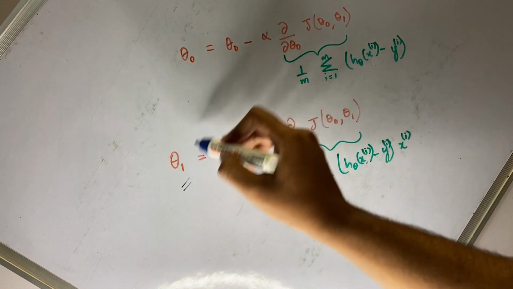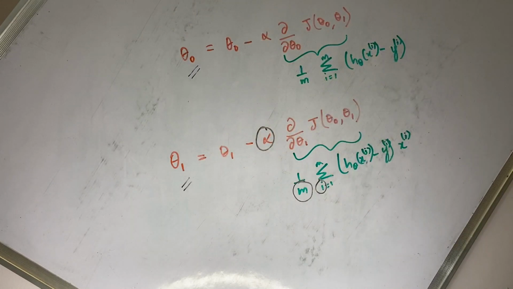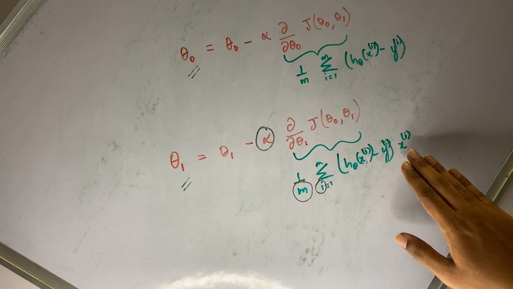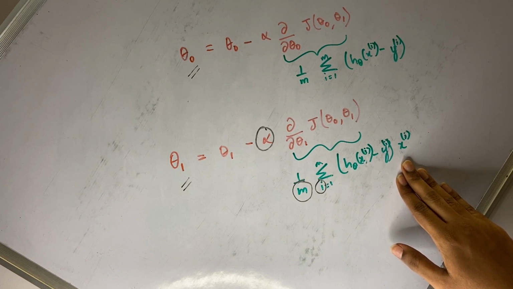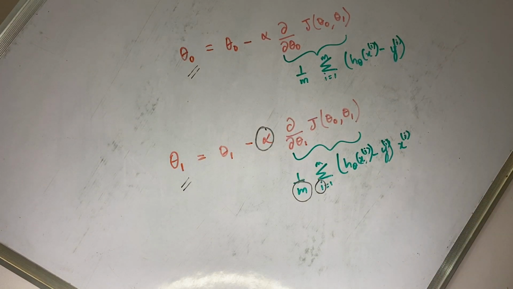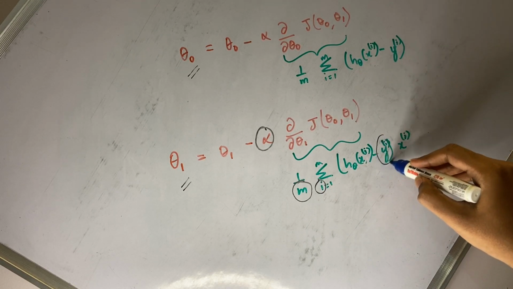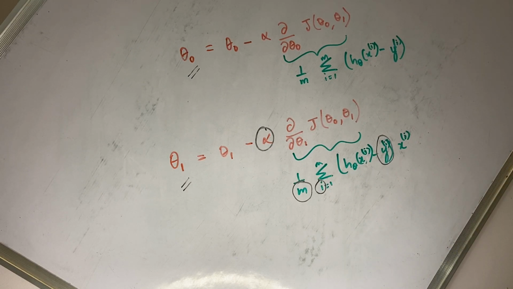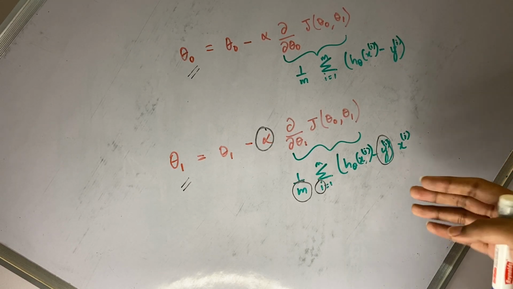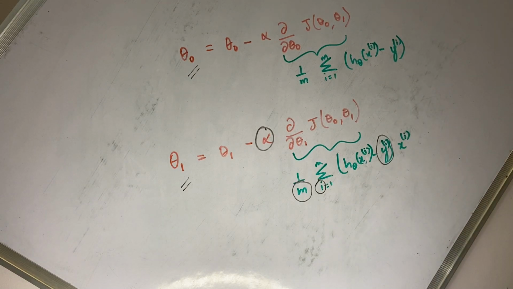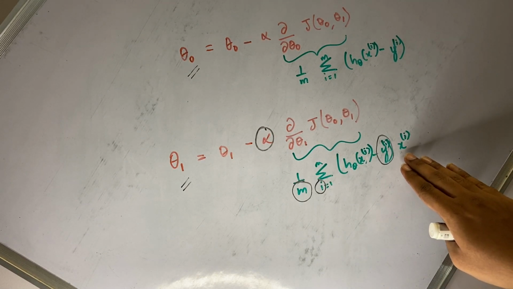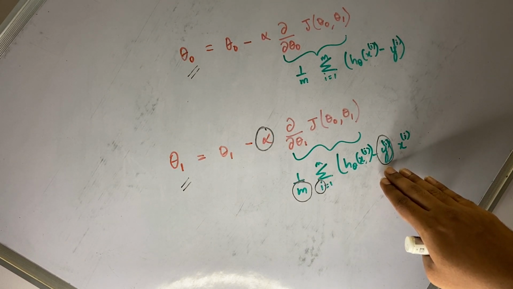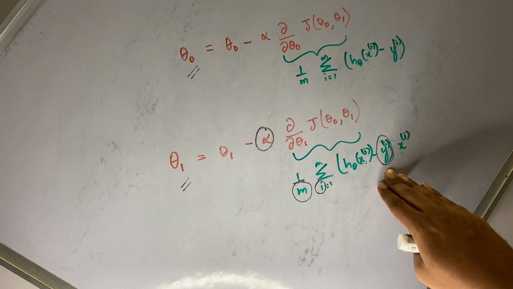And θ1 and θ0 are the parameters or the coefficients of the feature x, meaning the size of the house. And finally, y is the output, that is the actual outcome of the ith training input. For so and so size of the house, y was the price of that house.